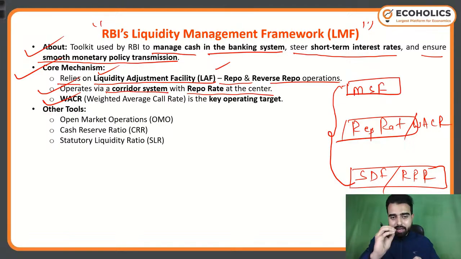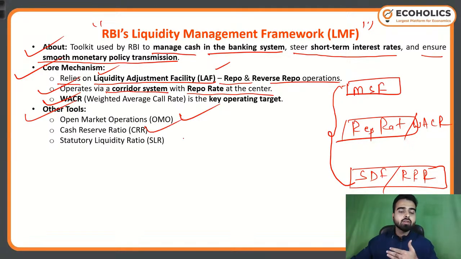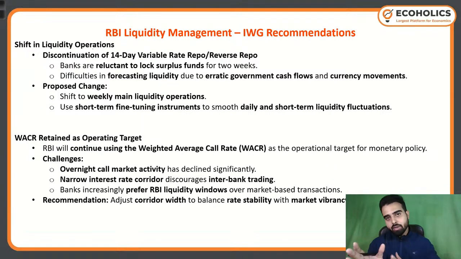The repo rate directly impacts the weighted average call rate, which then impacts the money market, then the capital market, and then the entire Indian economy. Other tools under the liquidity management framework are open market operations, the cash reserve ratio, and the statutory liquidity ratio.